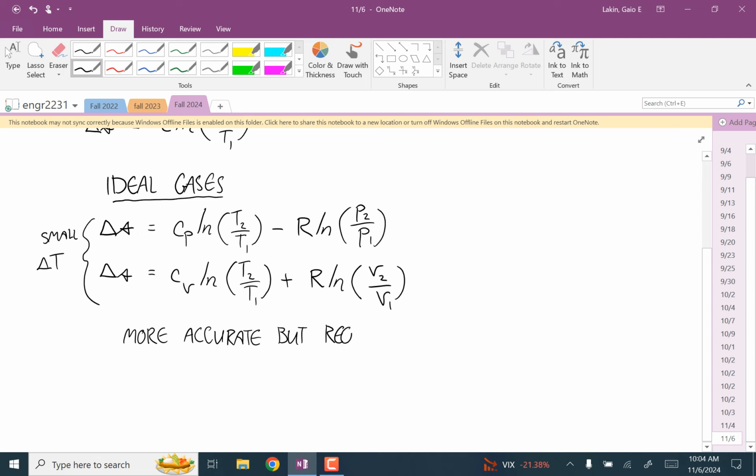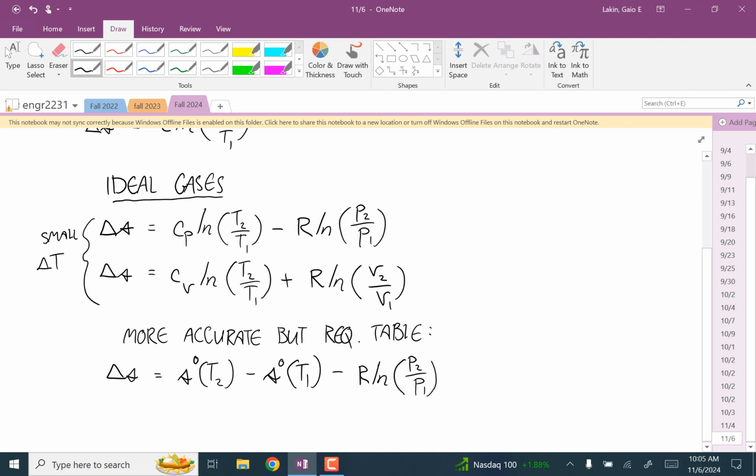So more accurate, but requires a table, is delta s is equal to s0 at T2 minus s0 at T1 minus R times the natural log of P2 over P1.